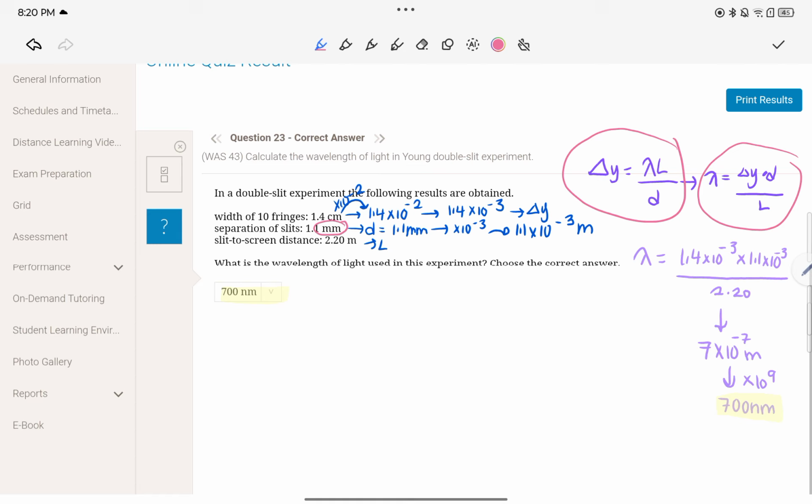So, 1.4 times 10 to the power of negative 3, this is after converting them, times 1.1 times 10 to the power of negative 3, over 2.2. You get 7 times 10 to the power of negative 7 meters. Now, you have to make it nanometers, so it becomes 700 nanometers.